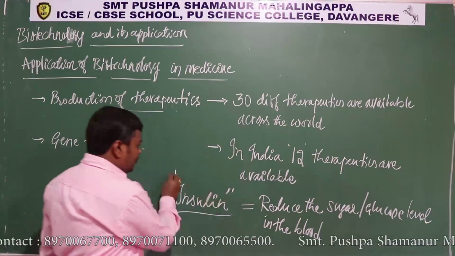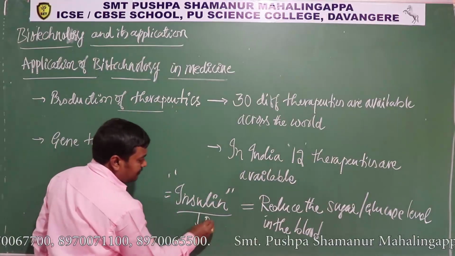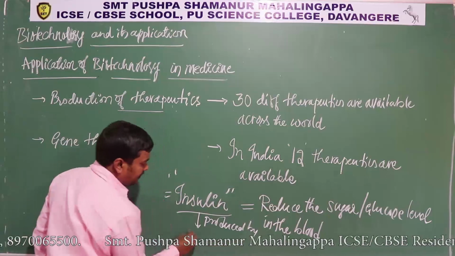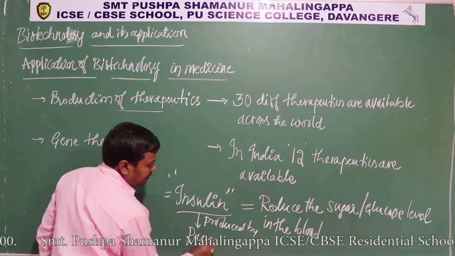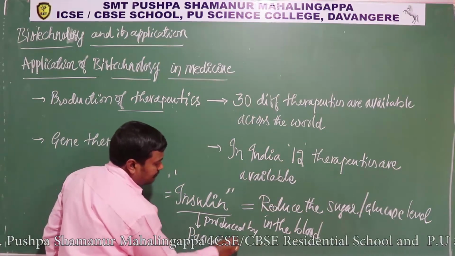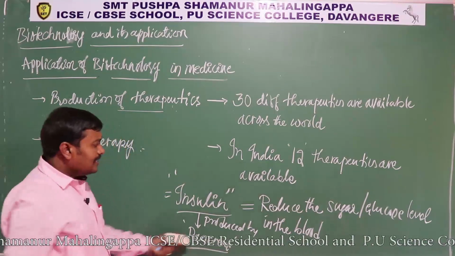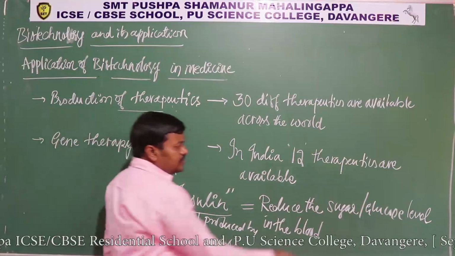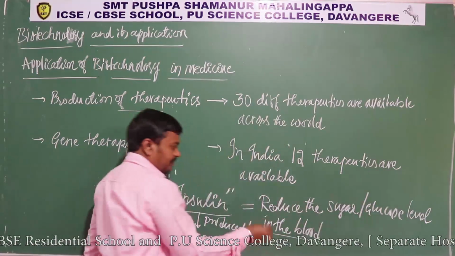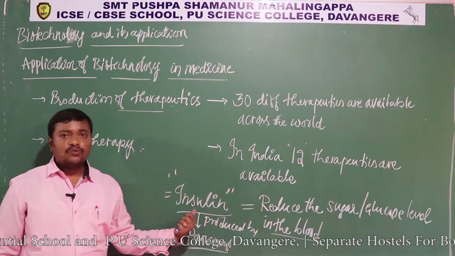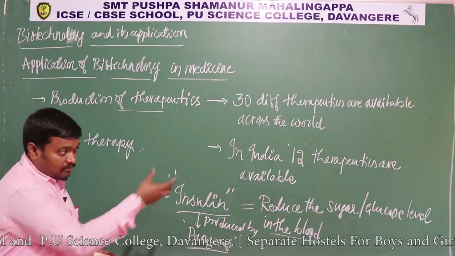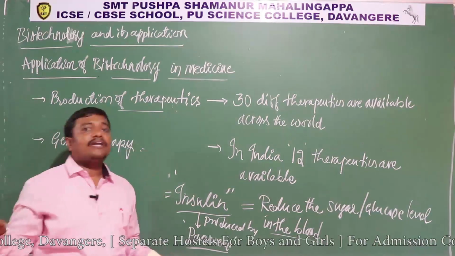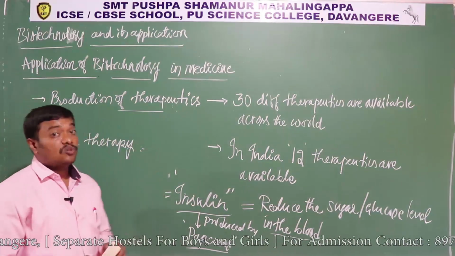Naturally, insulin is produced by the beta cells of the pancreas, and it sends the signal to the liver to absorb more of the glucose present in the blood and convert it into glycogen as a reserve food material.